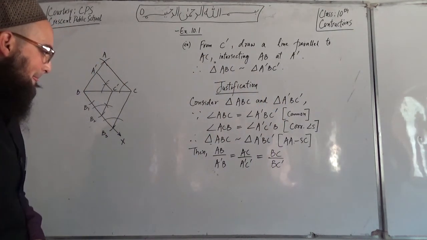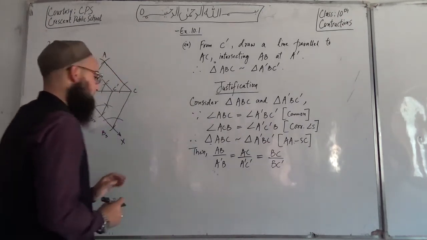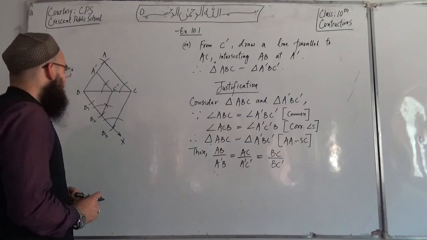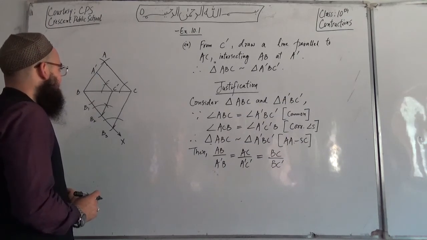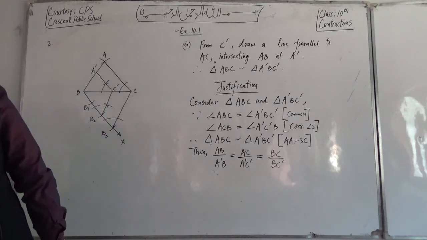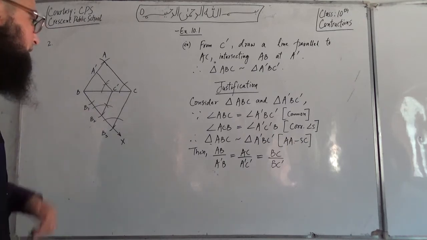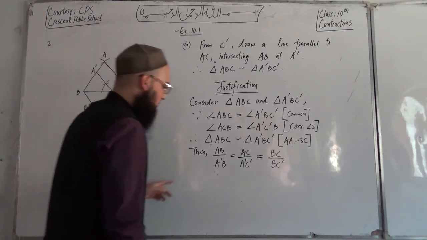You got it? Whose sides are 2 by 3 of the corresponding sides of the first triangle. Okay.